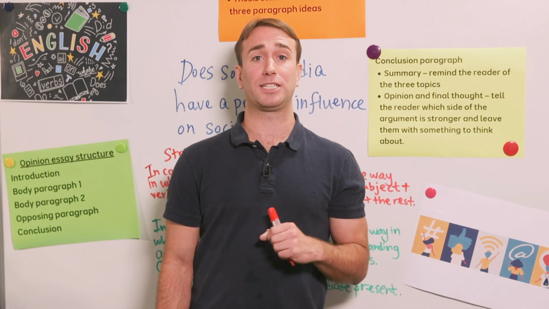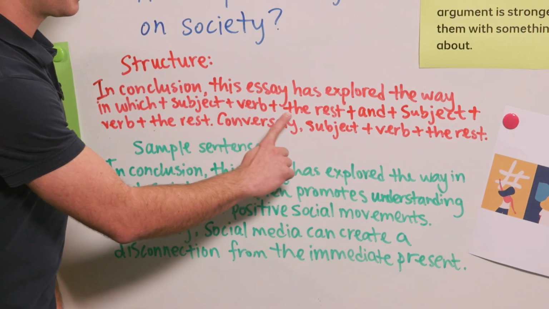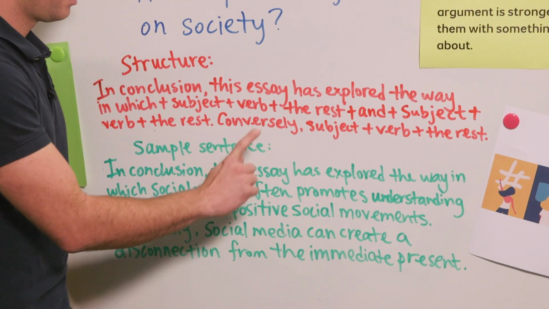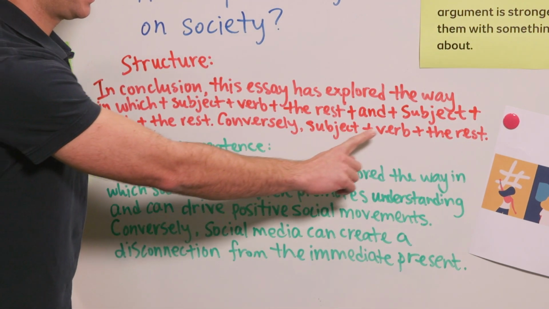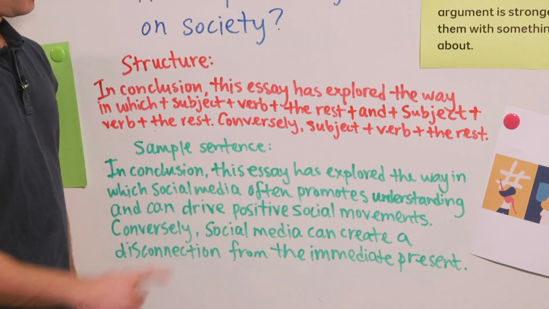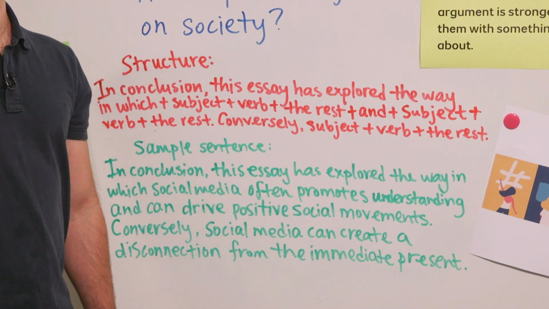You could use the following structure for your summary statement. In conclusion, this essay has explored the way in which subject, verb, the rest of the clause, and subject, verb, and the rest of the sentence. Conversely, subject, verb, and the rest of the sentence.